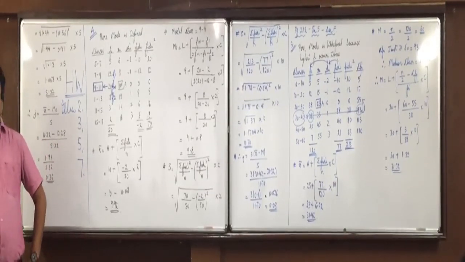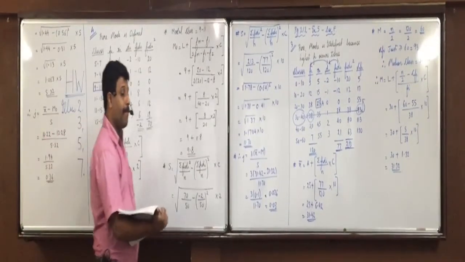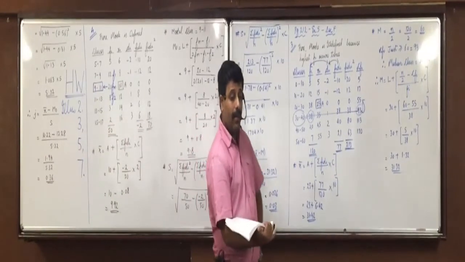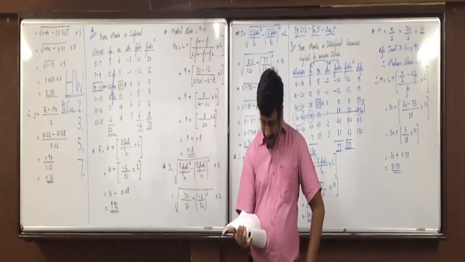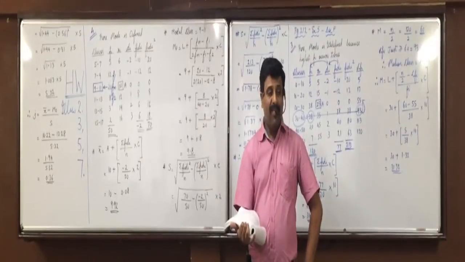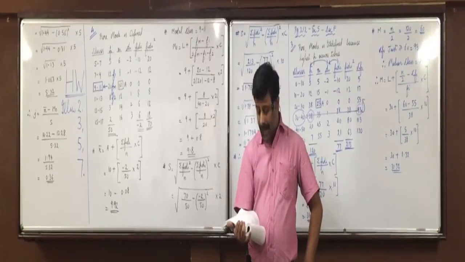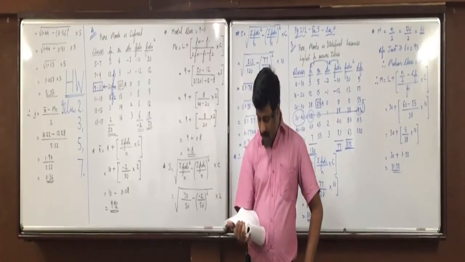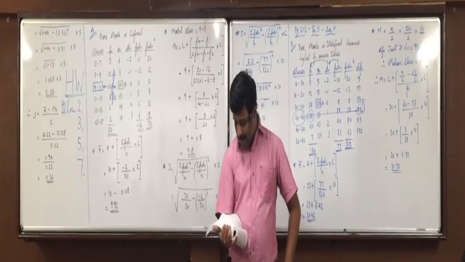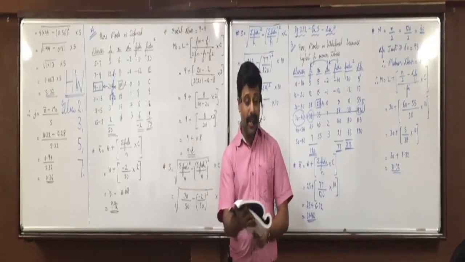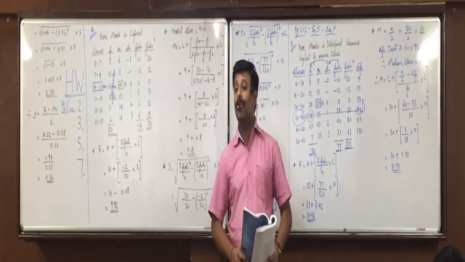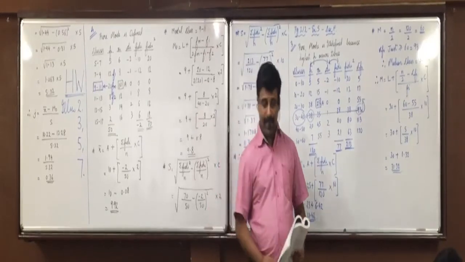Class lengths, equal or unequal? 40 to 60, 60 to 80, 80 to 100, 100 to 120, 120 to 140, 140 to 160, 160 to 180, 180 to 200, 200 to 220, 220 to 240, equal, 20.